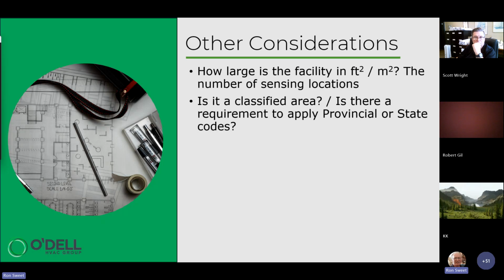Everything inside it will be destroyed, but at least your facility is still standing unharmed. So those are the only two ways you're going to get electrical or electronic equipment into a classified area.